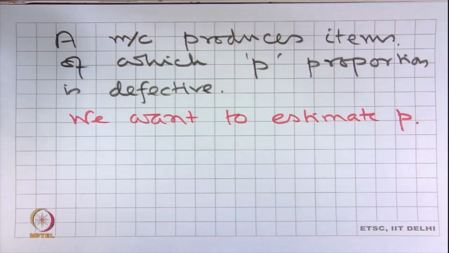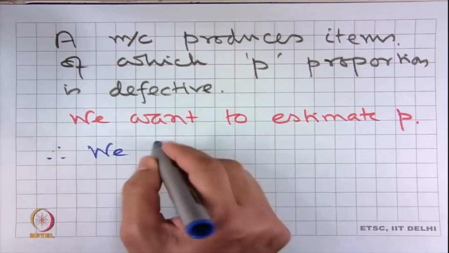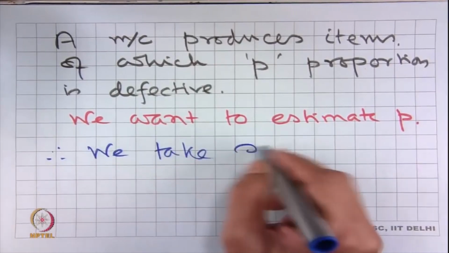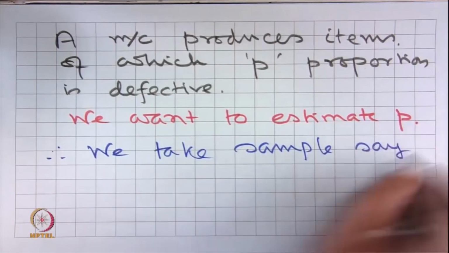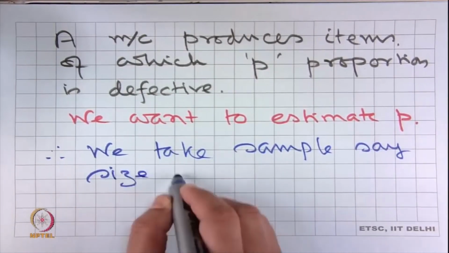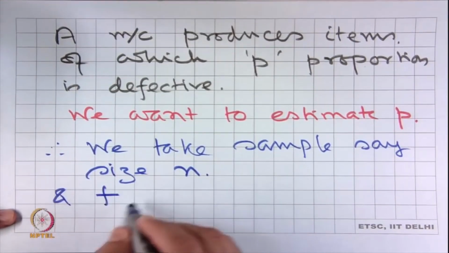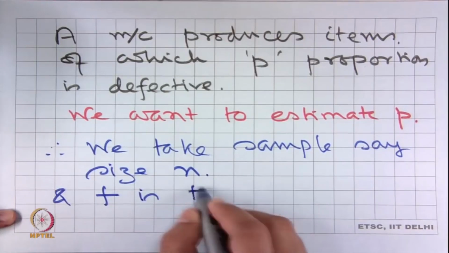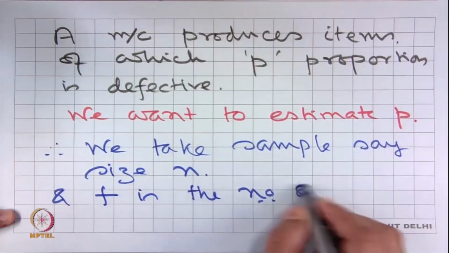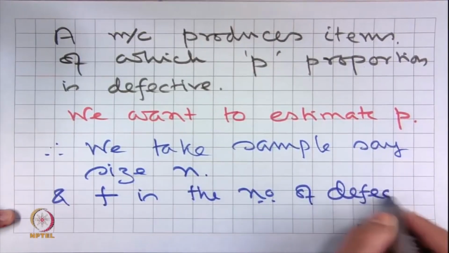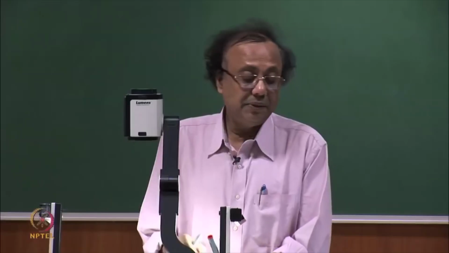So, what is done? We take a sample, say of size n, and f is the number of defectives. Our aim is to estimate p.